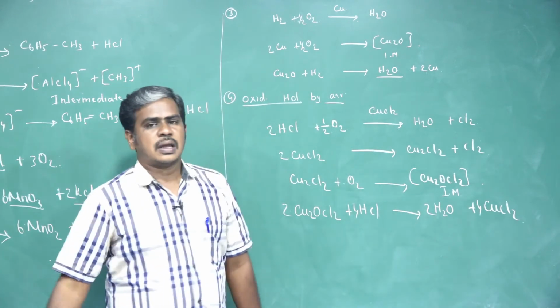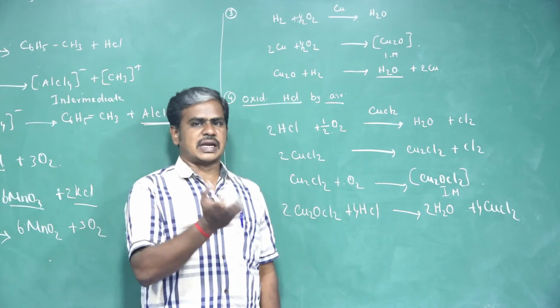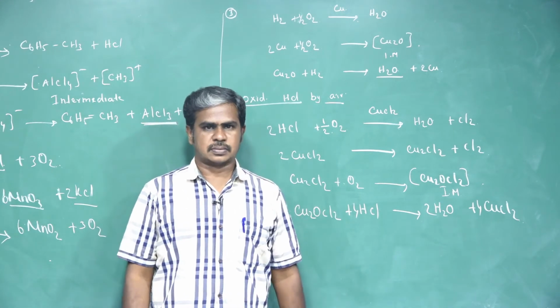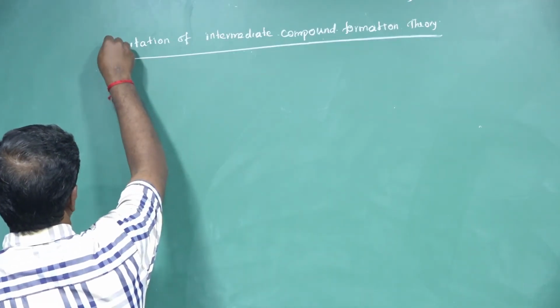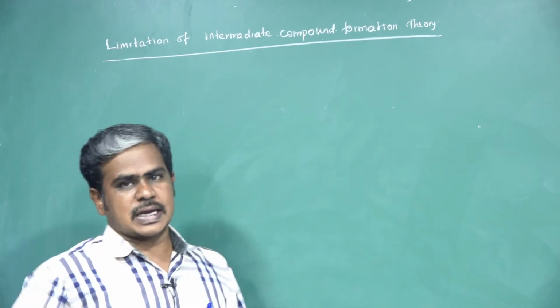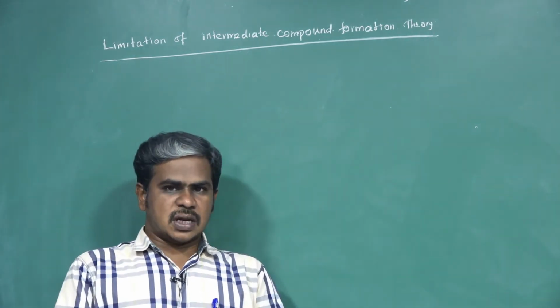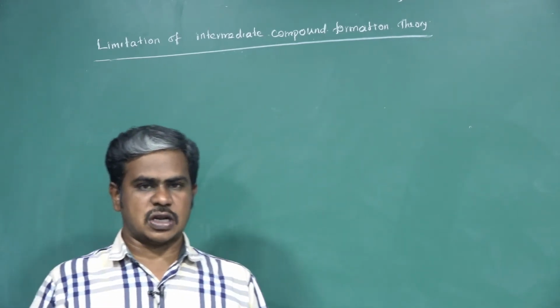So in the intermediate compound formation theory, the reactant gives an intermediate and the intermediate gives the desired product. So the theory explains homogeneous catalysis and also explains that as the concentration of the reactant and the catalyst increases, the rate of the reaction increases.